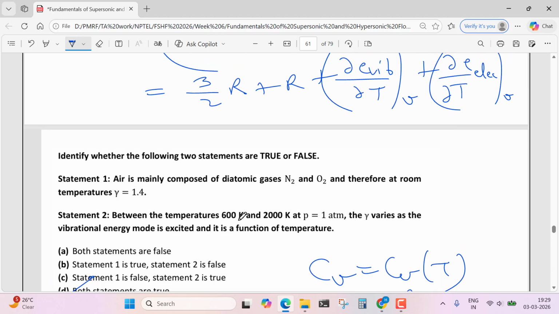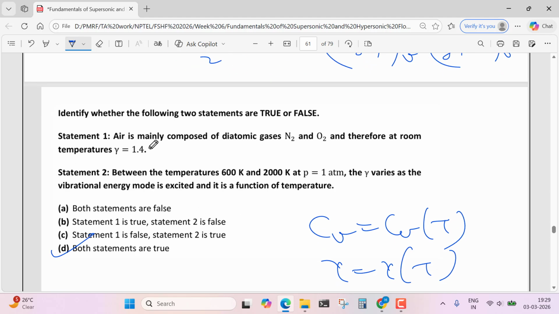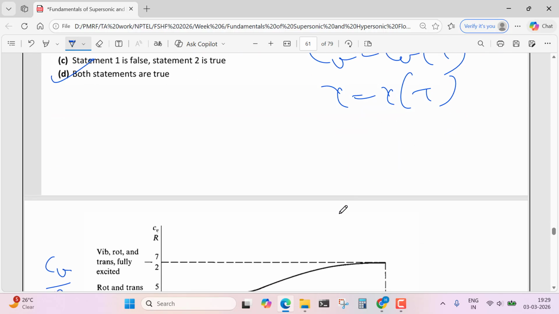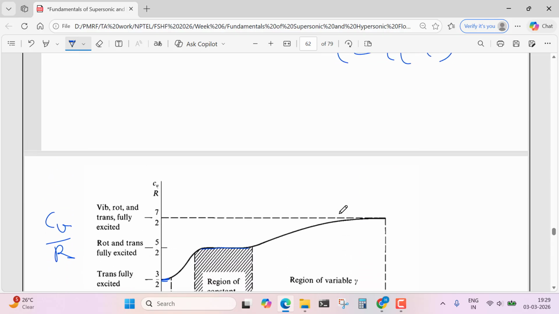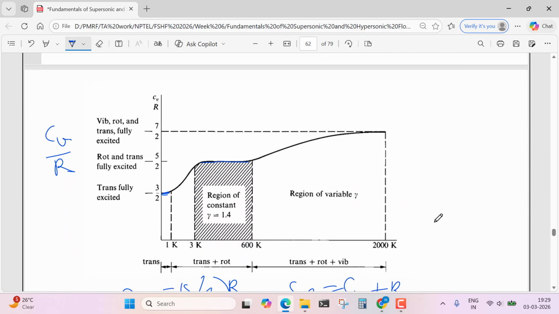So both statements are true, because at room temperature air will have only two energy modes, translational and rotational.